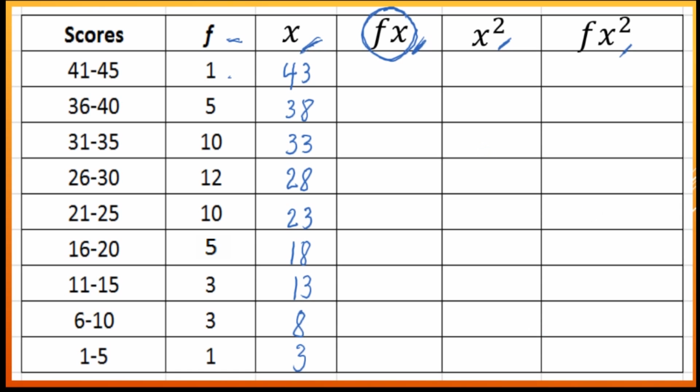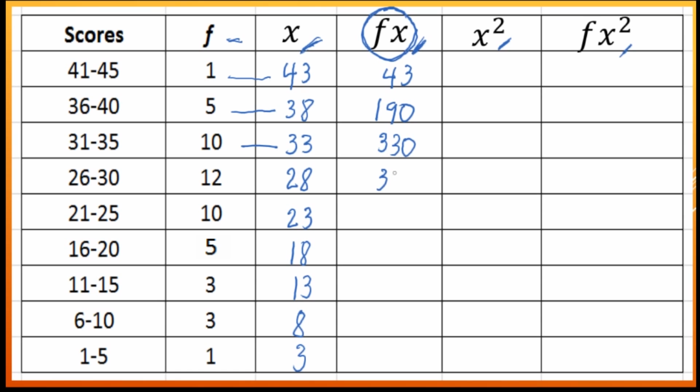To complete this column, we will simply multiply. So 1 times 43, the answer is 43. 5 times 38, we have 190. 10 times 33, we have 330.